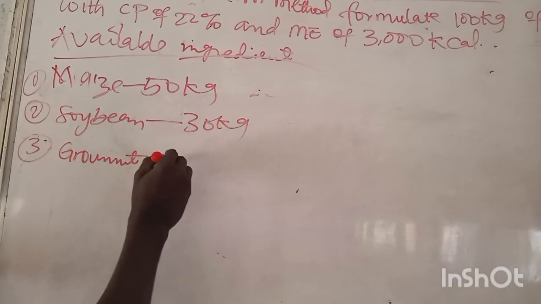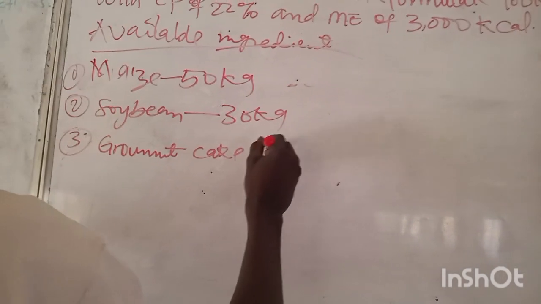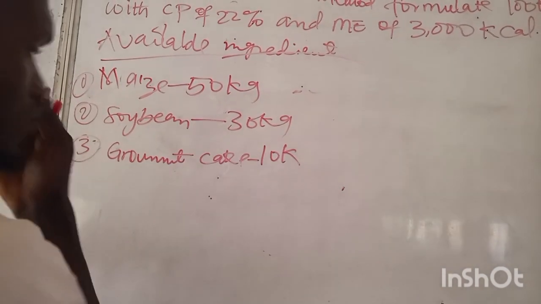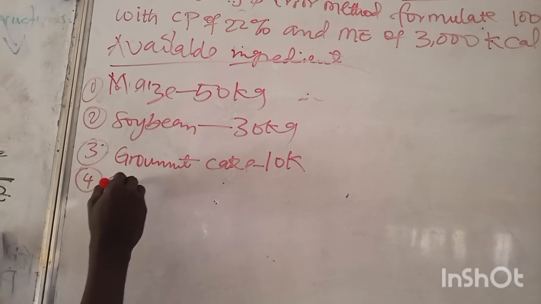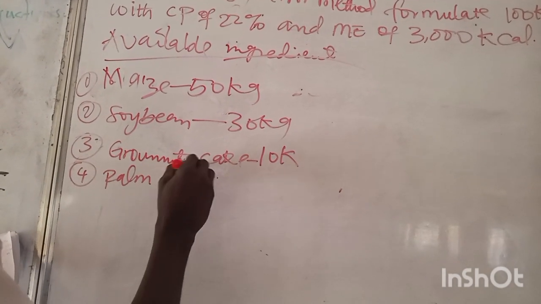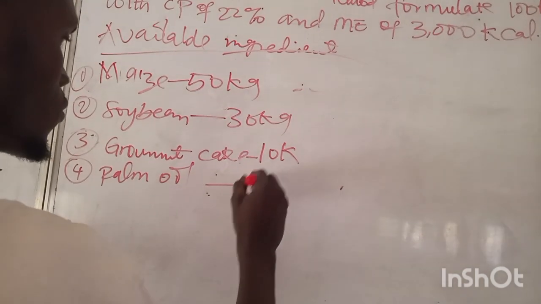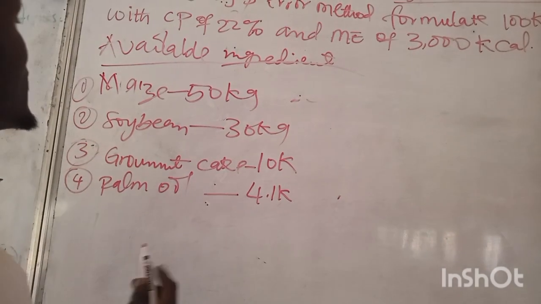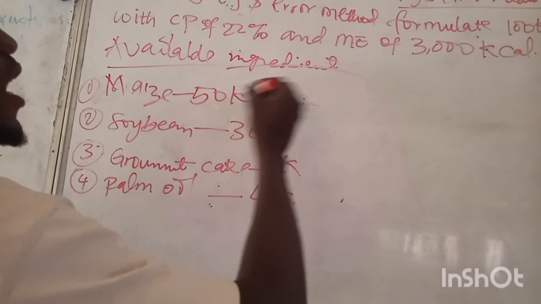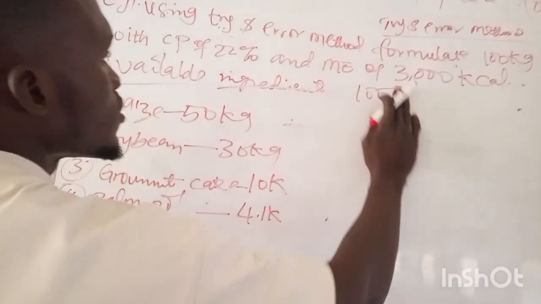Groundnut cake is 10 kg. Number four, palm oil is 4.1 kg. Now, before I forget, remember everything is in 100%. 100 kg, sorry, let me put it as kg.